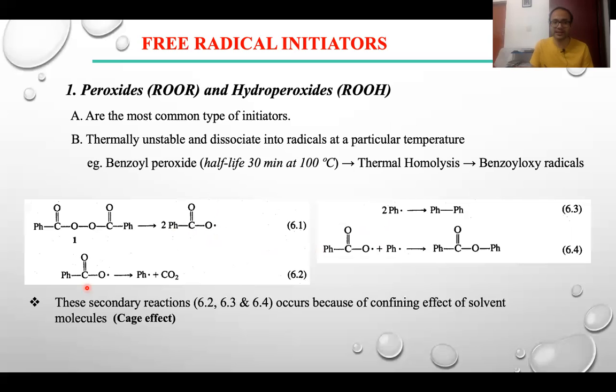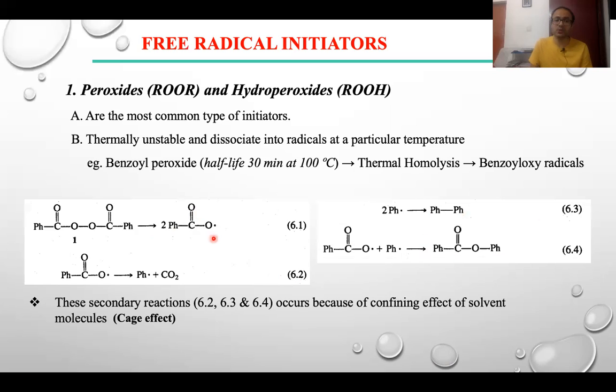You can see here, this particular benzoyl oxy radical is decomposing into a phenyl radical and a carbon dioxide. And these phenyl radicals further react to neutralize themselves. And this can neutralize via this particular reaction as well. So these 6.2, 6.3, 6.4, these are reactions which are actually wasting your benzoyl oxy radicals.